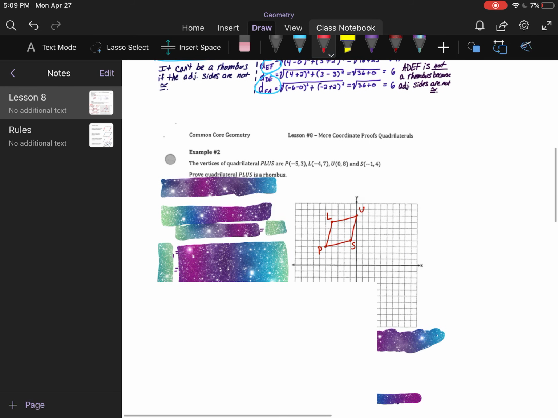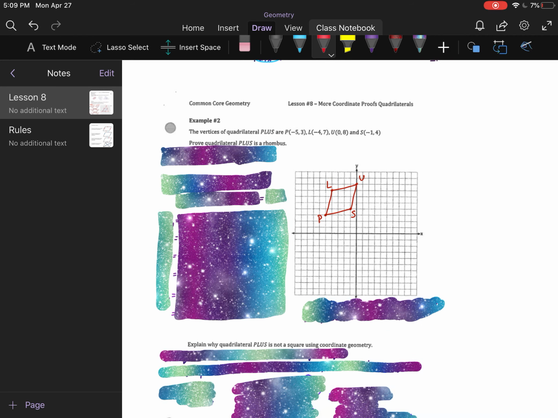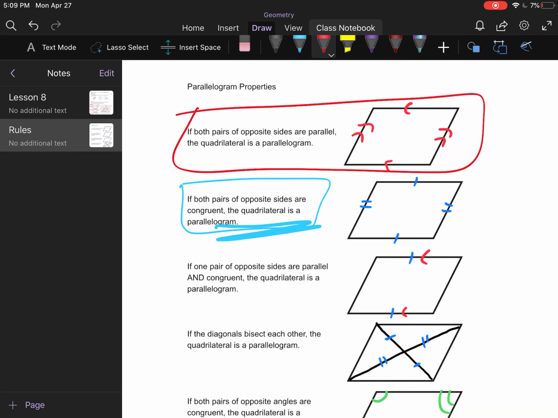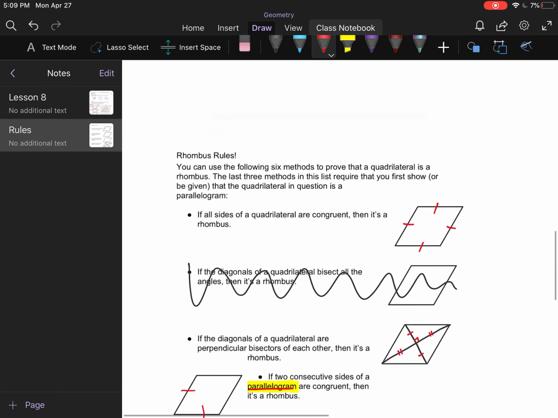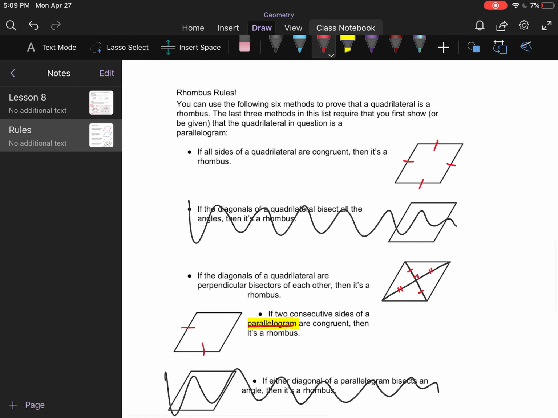So if we look at example 2, we want to prove that we have a rhombus. So let's look at our rhombus rules. These are the rules that we did when we did the regular 2-column proofs.